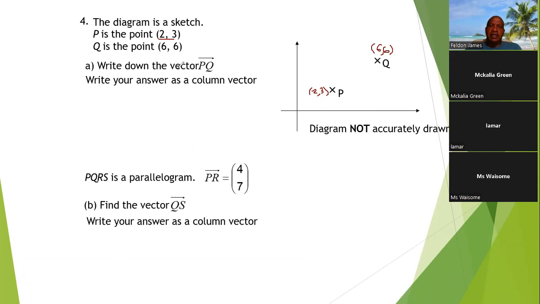Write down the vector PQ in column form. Now, remember, when we're talking about PQ, we have to think of these individual points as position vectors.